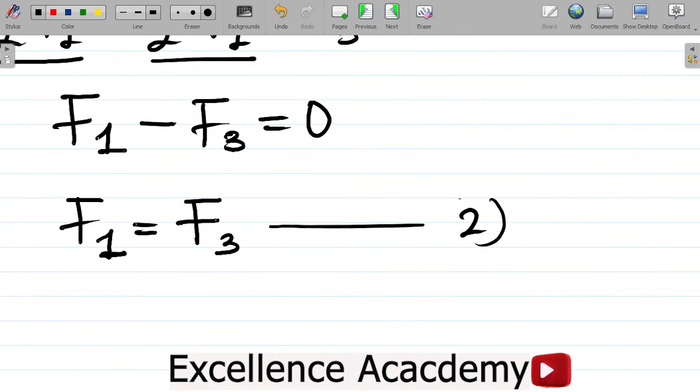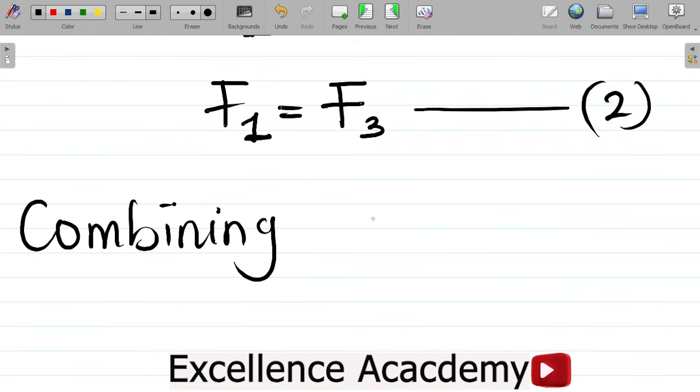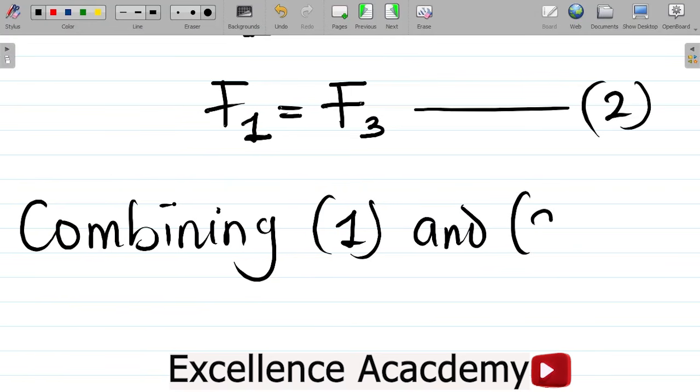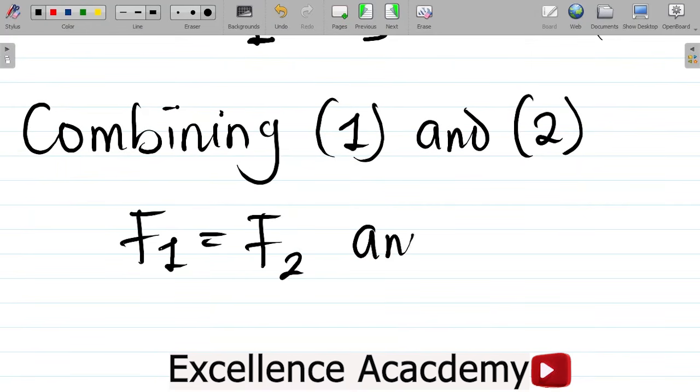If I combine equation 1 and equation 2: from 1 you have that F1 is equal to F2, and from equation 2 you have that F1 is equal to F3.